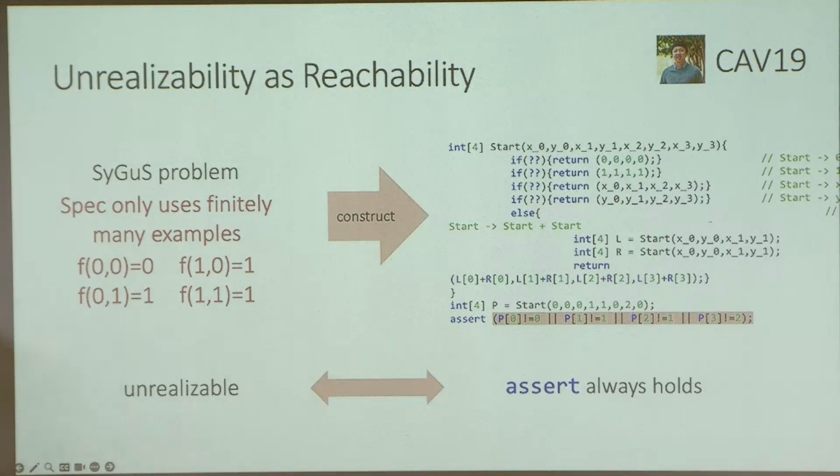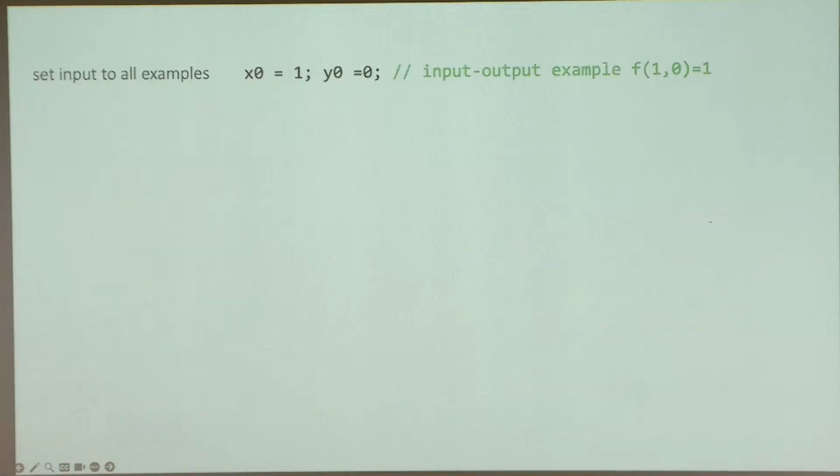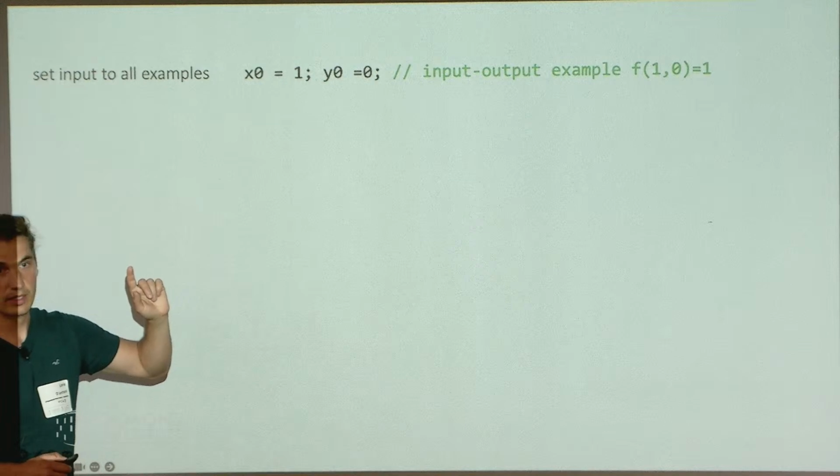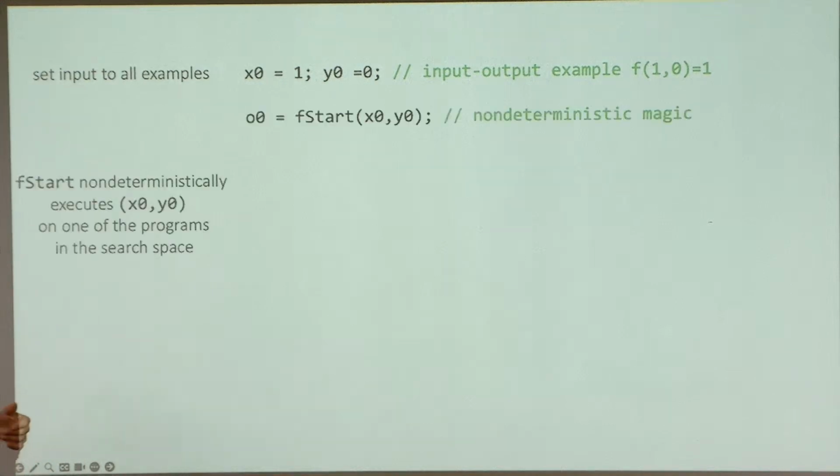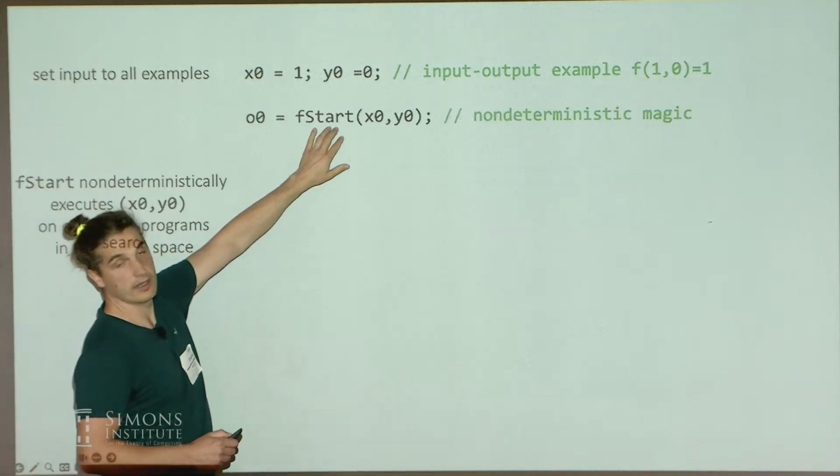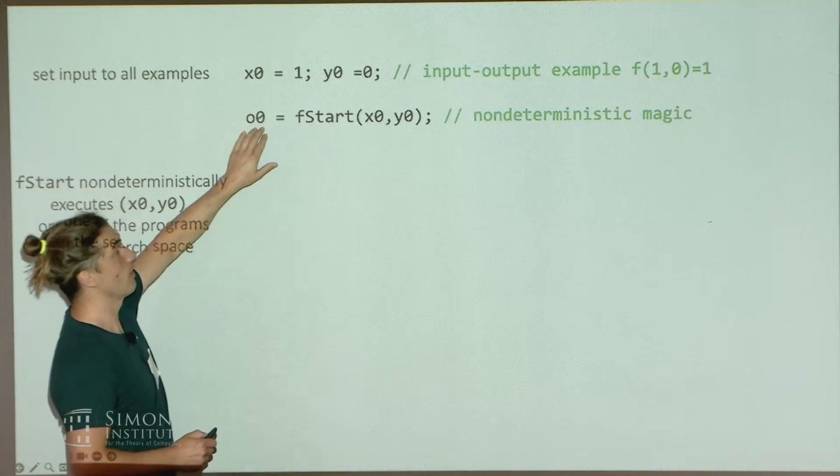So my first solution is to use something that already exists. So let's see how we do that. And this is actually educational in a way. And here is the idea. Let's say I have one input, x is 1 and y is 0. And I want to show that all the programs that I can derive from Start will produce the wrong output.